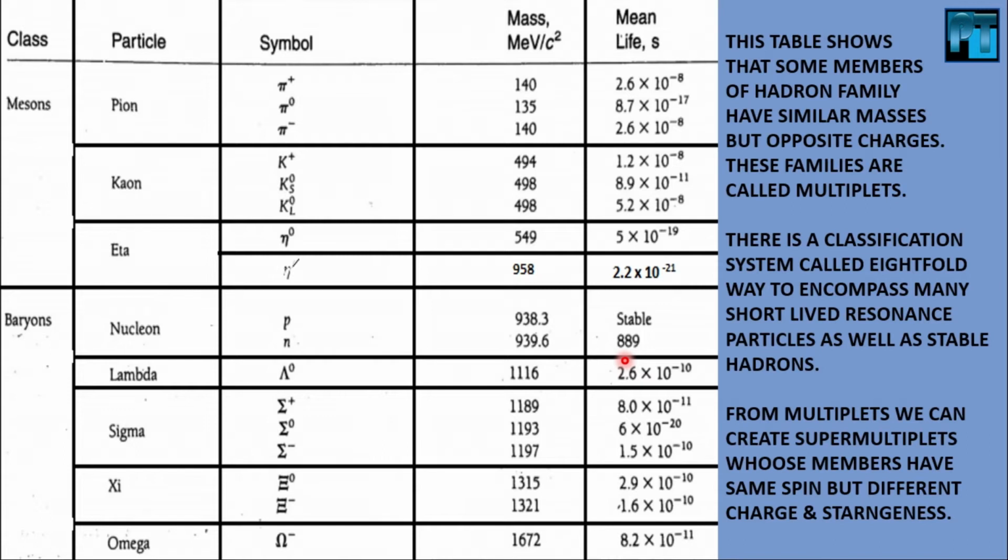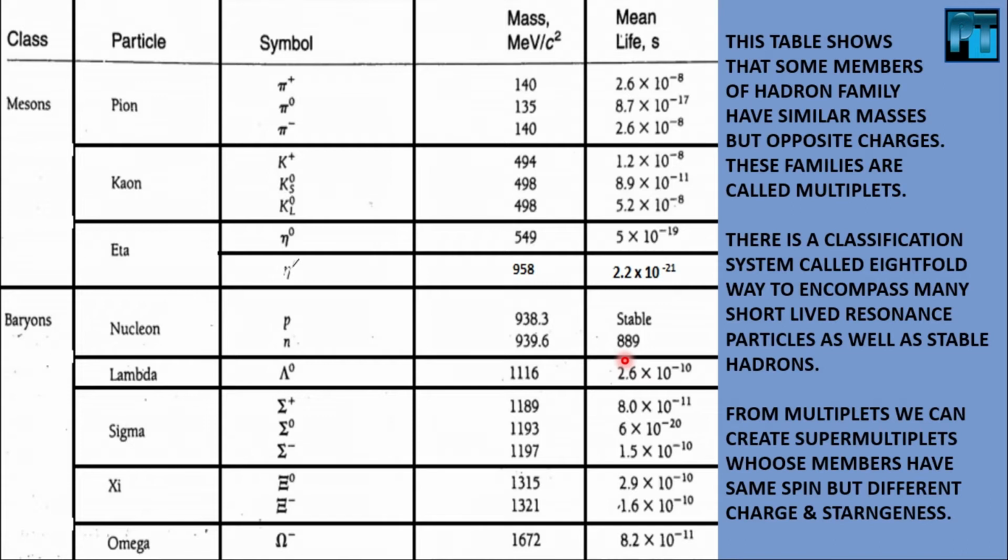Now what is a supermultiplet? A supermultiplet is an extension of this eightfold classification, where the particles in a supermultiplet have the same spin, but their charges as well as their strangeness quantum numbers differ.